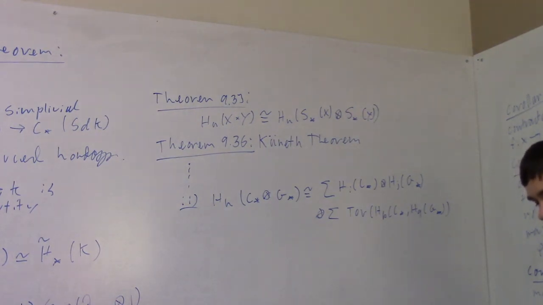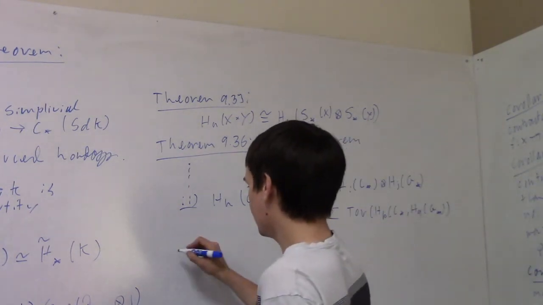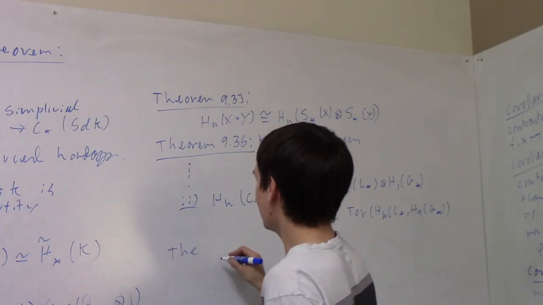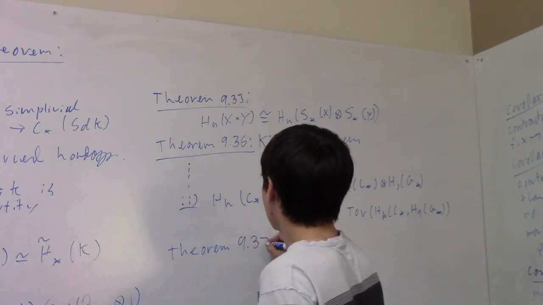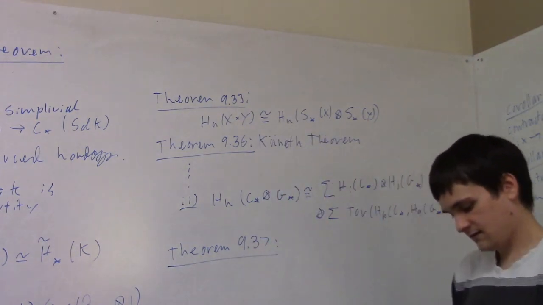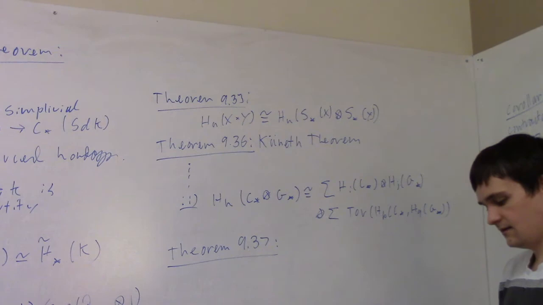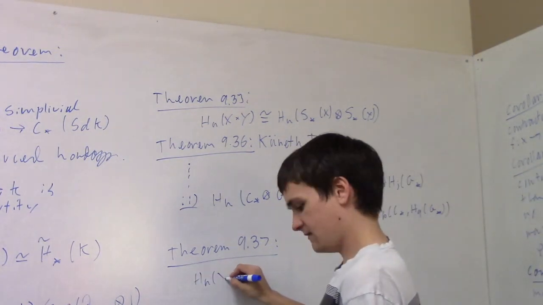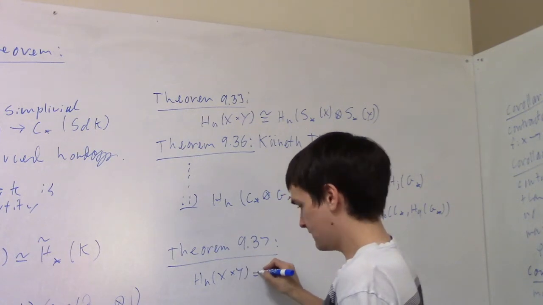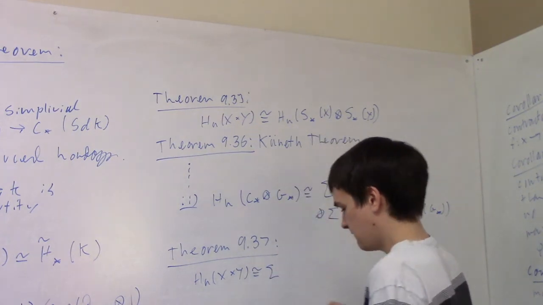The actual result we want, though, is the Künneth formula, Theorem 3.7. Right before the proof, it says Hn of X cross Y is isomorphic to the sum. Of course, that sum is really a direct sum.